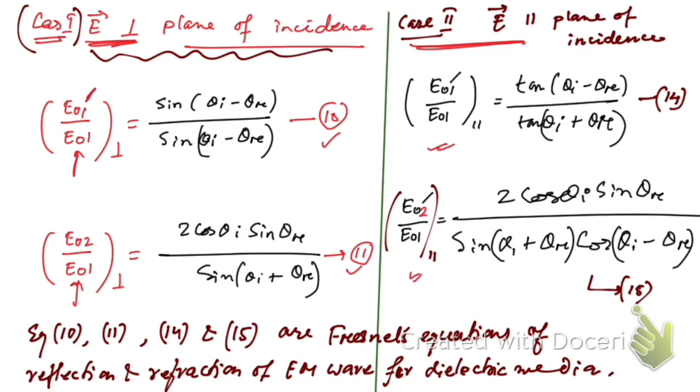If you are asked to find Fresnel's equation for reflection only, then you have to derive 10 and 14 only. Depending on the marks given, you have to take only one. If the condition is not mentioned, case 1 or case 2, then you can do any one of them. If you are asked to derive both reflection and refraction, you have to derive both 10 and 11.